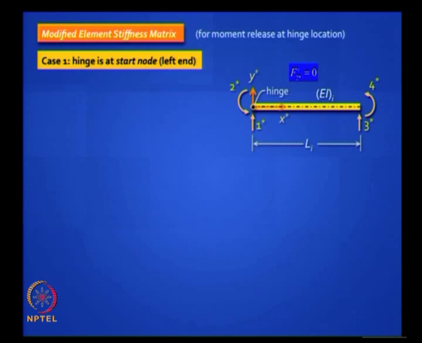You have 1 star, 2 star, 3 star, 4 star as we had earlier. If you were to allow a moment release at 2 star, that means F2 star is permanently 0, right. How would you write the stiffness matrix for this? Can you tell me?